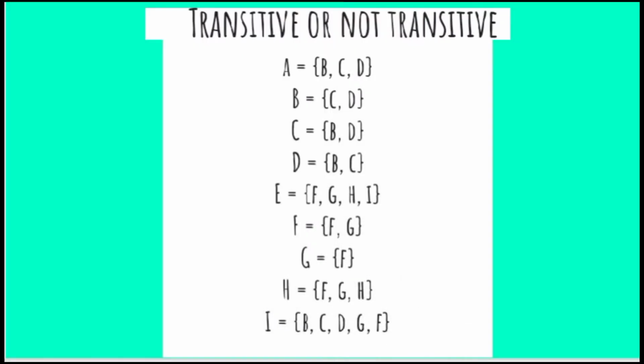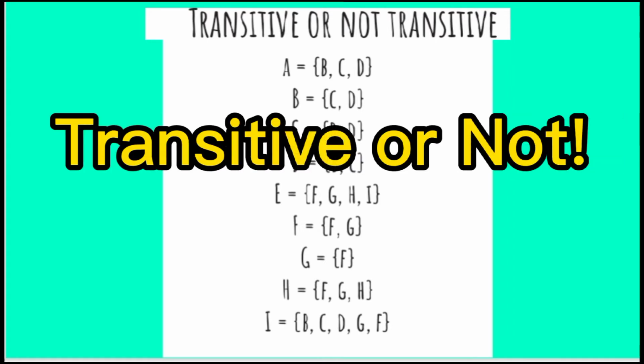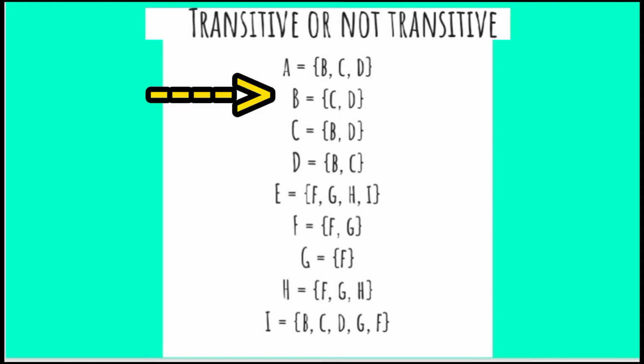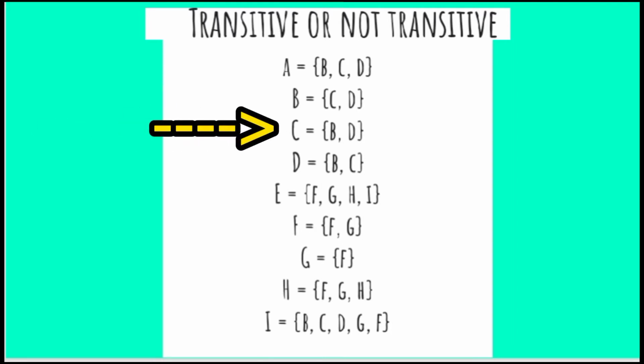Here are the sample sets that we will determine if these are transitive or not. We have set A that has B, C, and D as members. Set B, which has C and D as elements. Set C, which has B and D as elements.